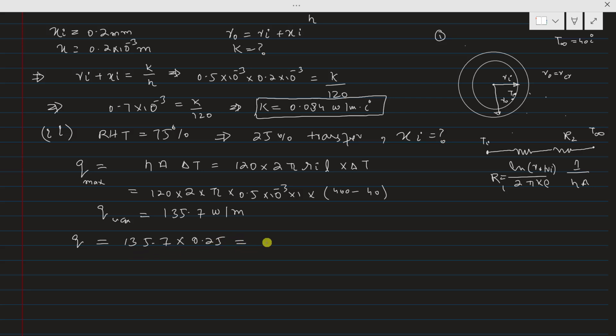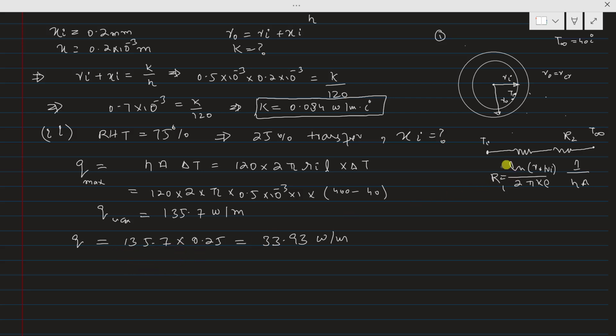So we get the heat transfer, that is 33.93 watt per meter. This is the heat transfer that takes place when the insulation is provided.